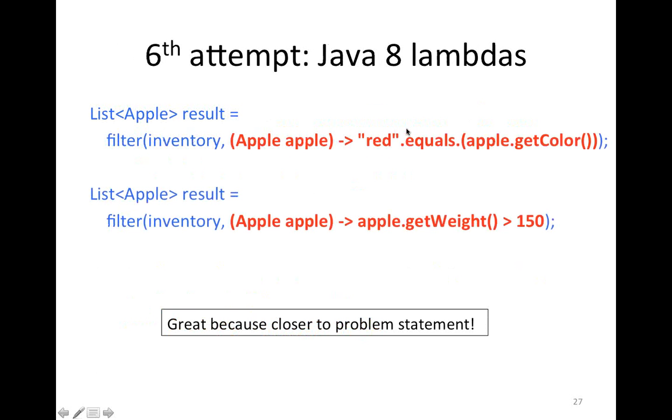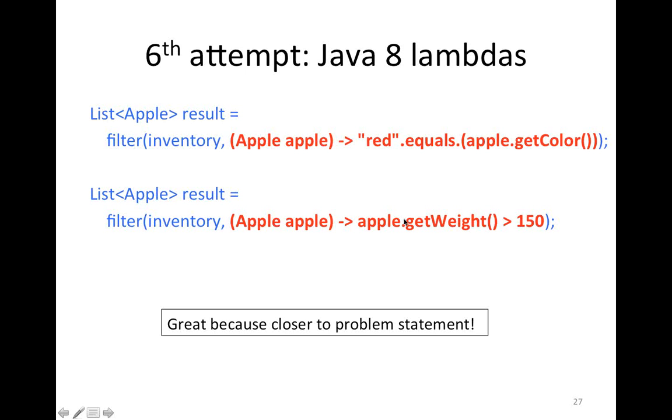And here's a sixth attempt. Here we're introducing the new Java 8 feature called lambdas. It does the exact same thing as the previous slide, but it's written slightly differently. So here we say, well, we'd like to filter the inventory of apples based on whether the color is red.